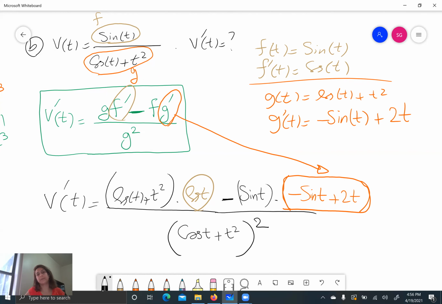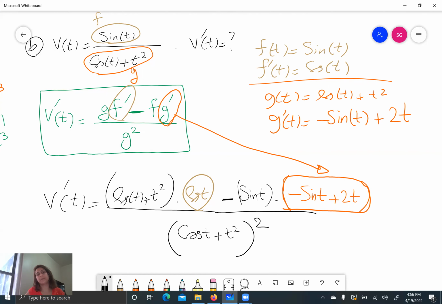What does the quotient rule say? It says the derivative of a quotient of two functions is the denominator g times the derivative of the numerator f prime, minus the numerator times the derivative of the denominator, all over the denominator squared.